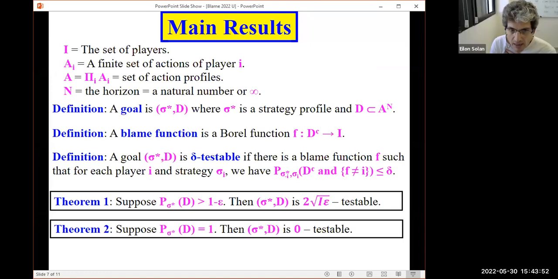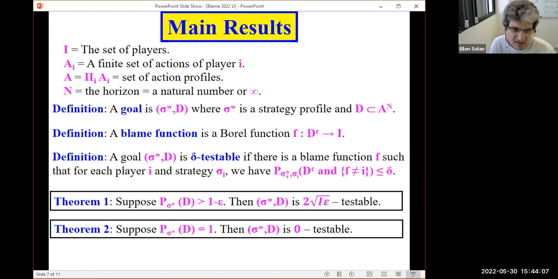I guess it can be used, yeah, if you take the limit of the average payoffs, then we can use this result to prove existence of equilibrium.